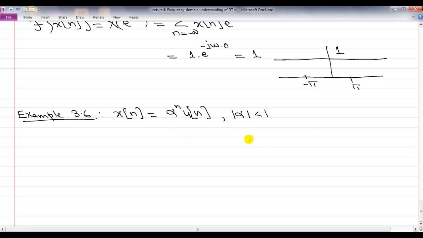Okay, so it's multiplied with a unit step, which means that it is always 0 before n equal to 0. At n equal to 0, it is 1. Okay, and then for n bigger than 0, here I'm assuming alpha is a real value. It can be complex value too.